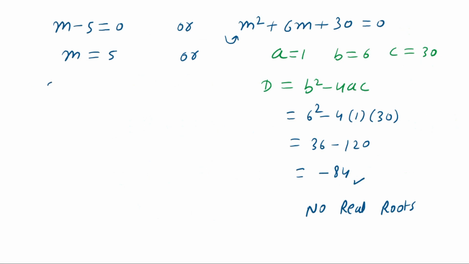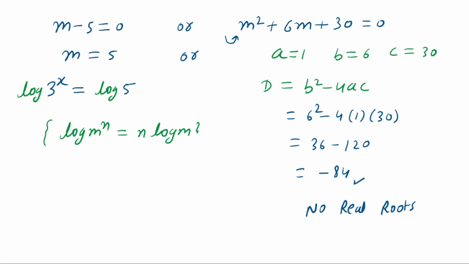So this m is replaced by 3^x, and this is equal to 5. Now if we take log on both sides and apply this rule, log m^n = n times log m, then the left hand side is x times log 3, and this is equal to log 5.